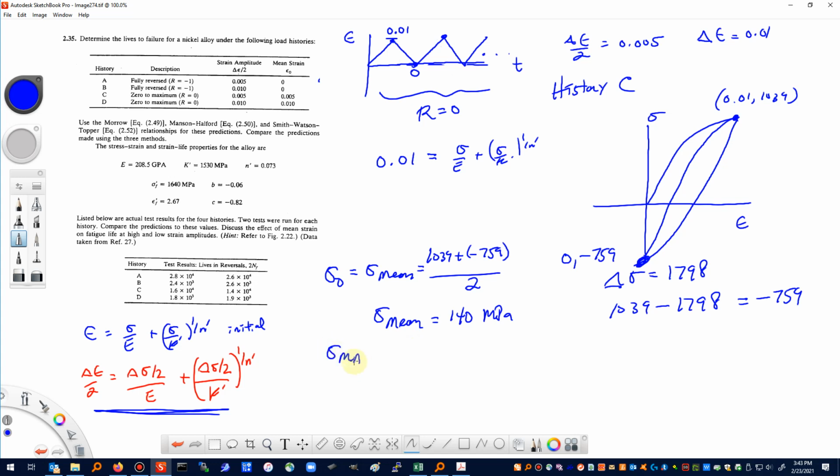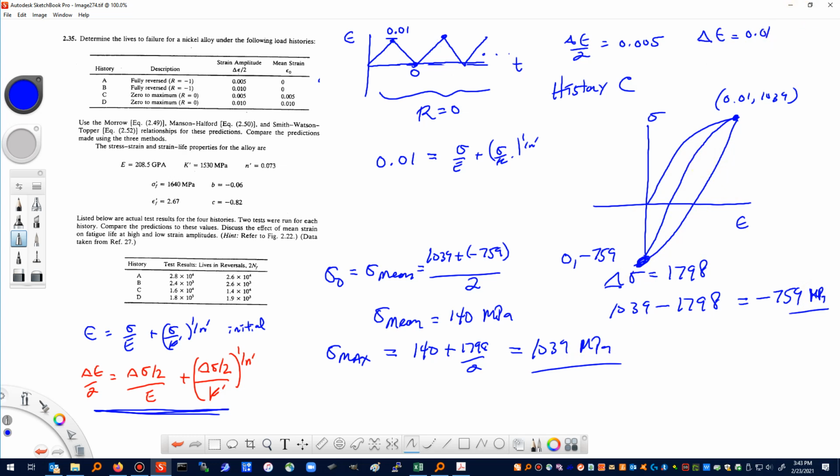Our maximum stress ought to be 1039, but let's check. It should be the mean plus the range divided by 2. 1039. Of course, those are all in megapascals. Okay, so that does check out. So I get some sort of hysteresis loop that just keeps cycling between 1039 and minus 759 megapascals.